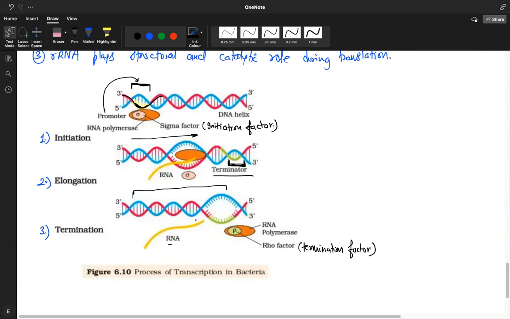Write down. The RNA polymerase binds to the promoter region by associating transiently, or momentarily, with initiation factor, also called sigma factor.